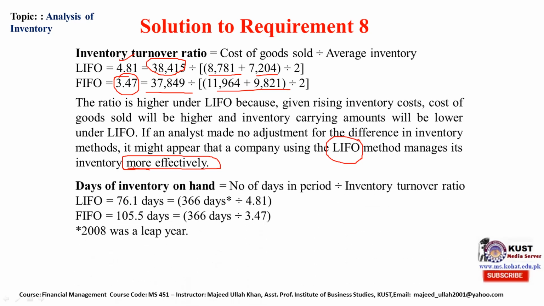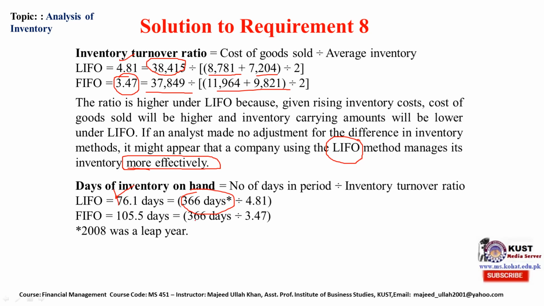So days in inventory, we will calculate by number of days in a period divided by inventory turnover ratio. That is 366 days in a year because 2008 was a leap year, divided by inventory ratio. So under LIFO it is more effective because it converted inventory to finished goods in 76 days.